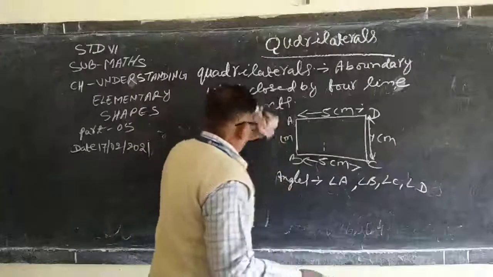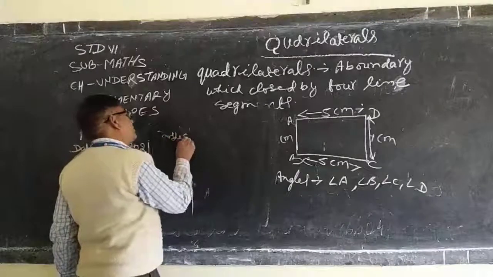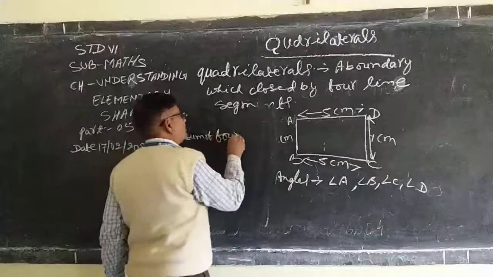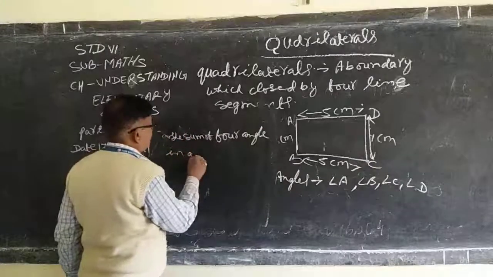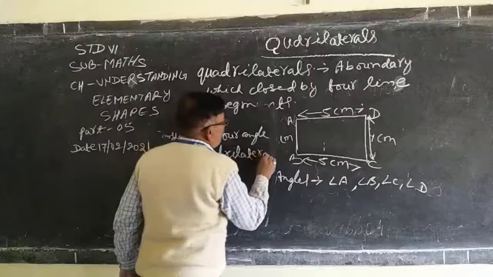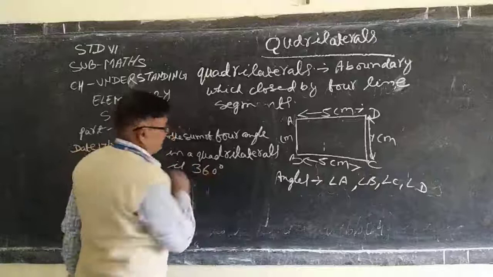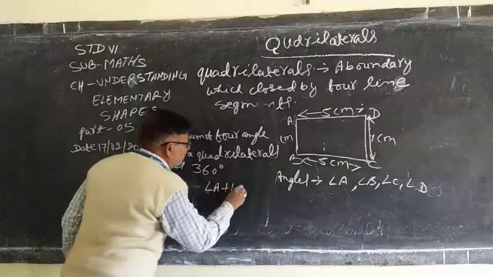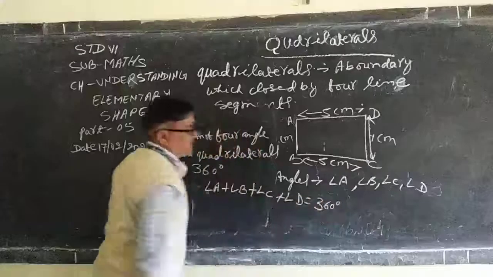Now the sum of the 4 angles in a quadrilateral is 360 degrees. This can be written as angle A plus angle B plus angle C plus angle D is equal to 360.